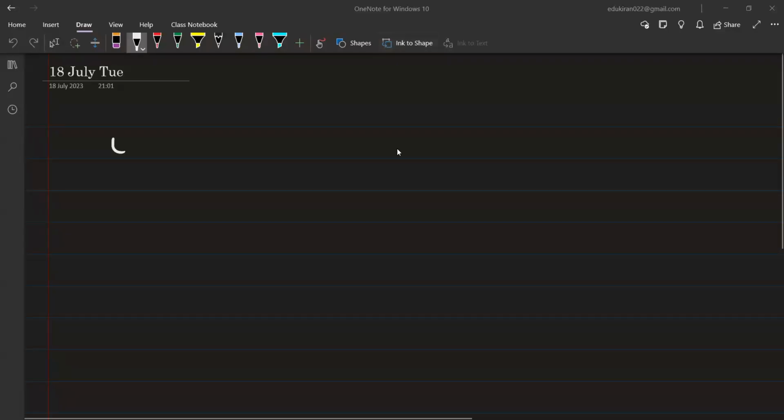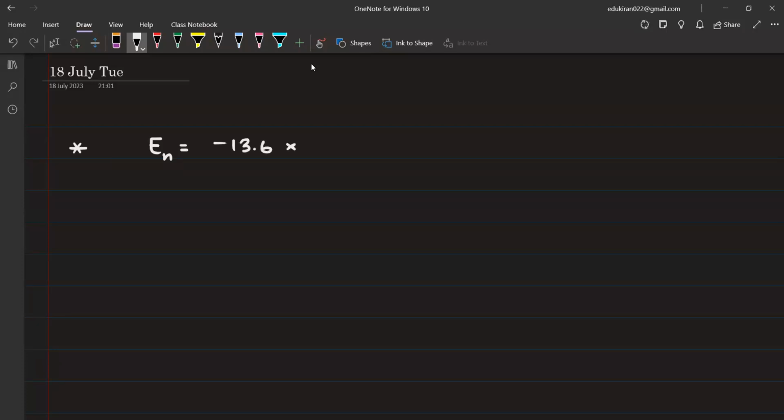Can all of you see the screen now? Yes, sir. Okay. So in the last lecture, we saw this equation or formula that you have to remember. Energy of the nth orbital is equal to minus 13.6 into Z square divided by n square.